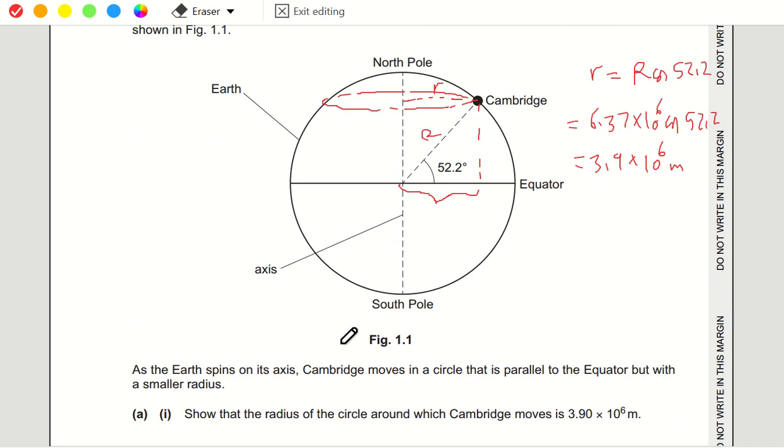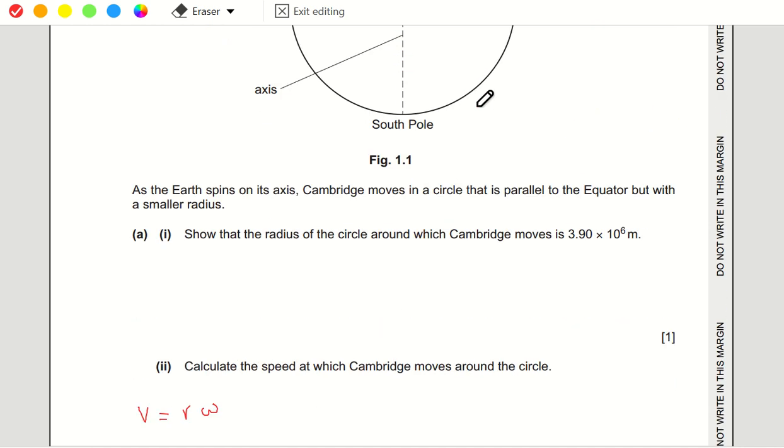As Cambridge is in a fixed position on the Earth, and the whole Earth rotates about its axis in 24 hours, then Cambridge will make one complete rotation in its circular path in also 24 hours. So this is the periodic time of Earth and also for Cambridge.